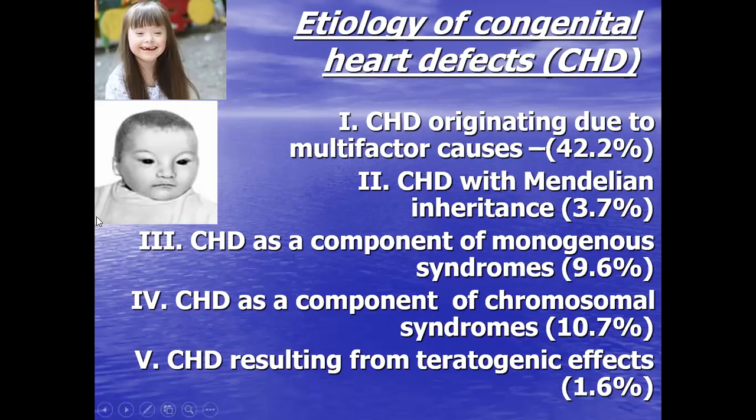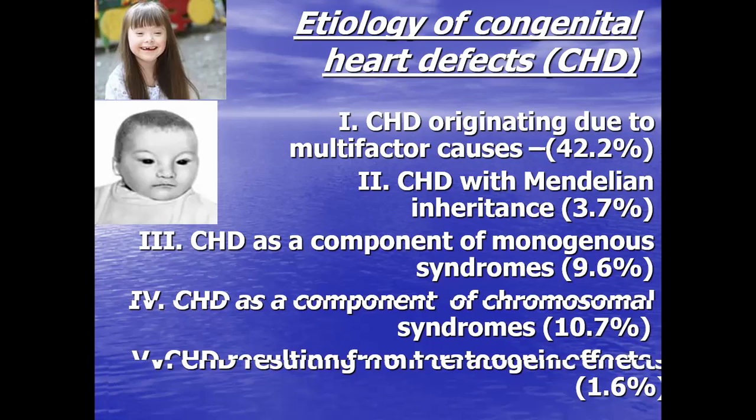Then congenital heart defect with Mendelian inheritance. Then congenital heart defect can be a component of monogenic or chromosomal syndrome, and the fifth, congenital heart defect resulting from teratogenic effects.